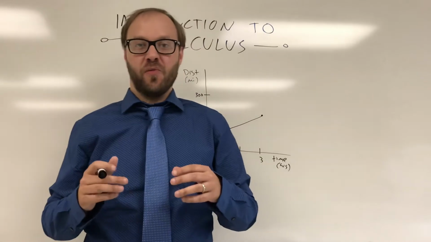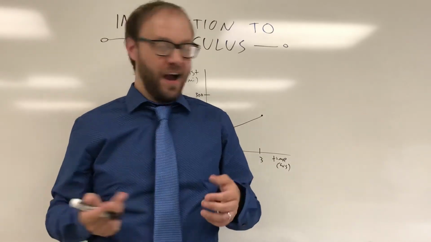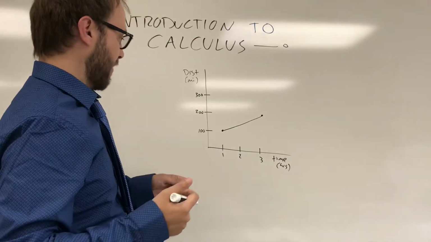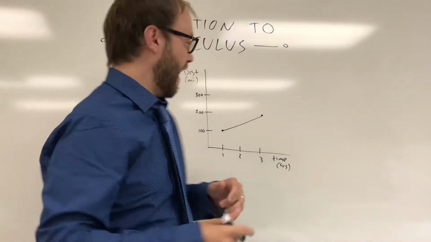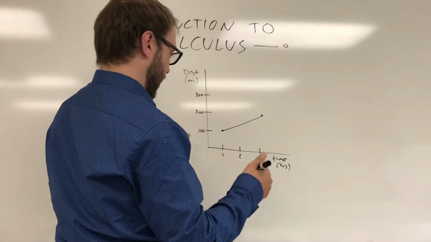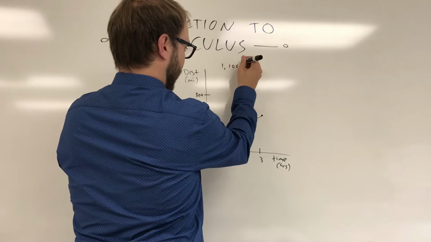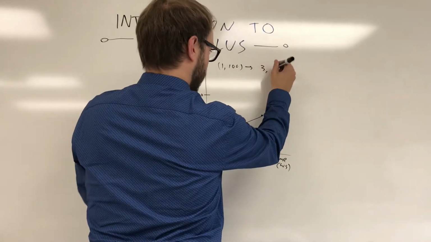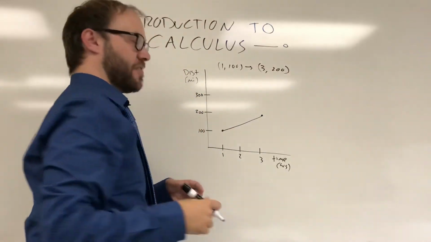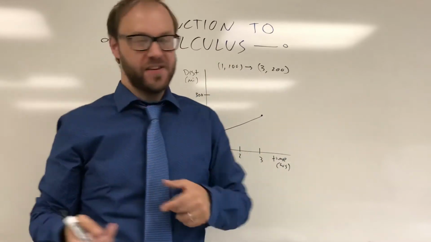And if I ask you what your average rate was over the course of that trip, hopefully you could figure out the total distance and you could divide by the total time, okay? So in this particular case, you're starting at the point (1, 100) and you're ending at the point (3, 200), okay? And if I wanted to find the average rate, I'd find the total distance, I'd divide by the total time.